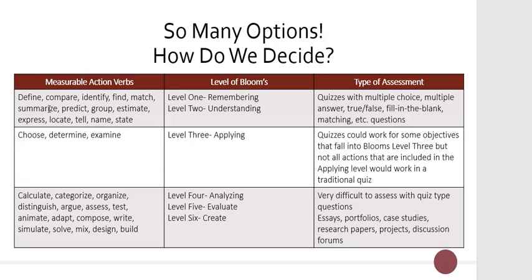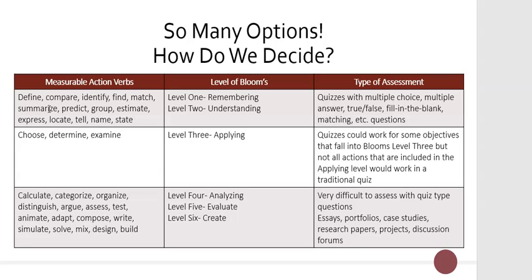So let's look at an example of that. If I have a multiple choice question and I say, here is a reading passage, read this, and then choose the answer that best summarizes the theme of this passage, if that's the way my question's written, I'm in the lower 2 levels of Bloom's.